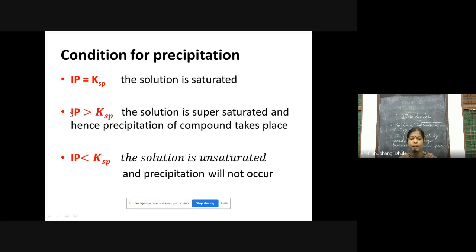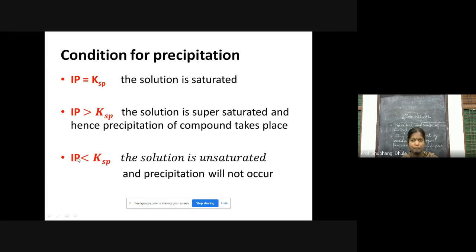Now you know that the solubility product has a fixed value for this type of sparingly soluble salt. If the ionic product exceeds the Ksp, that is, the ionic product is more than the Ksp, then the salt is going to precipitate out. So this is the condition for precipitation, and if it is less, then it will not precipitate.